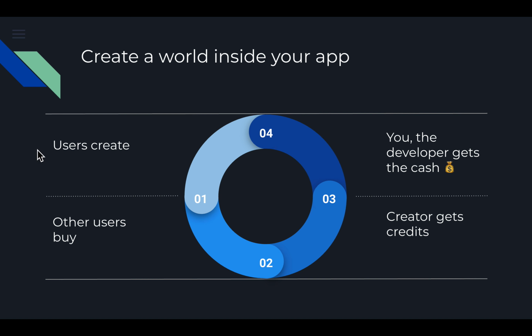And then the actual creator eventually gets credits in the app to buy from other users. So all the money coming into the app is going into your bank account, while the users in the app are dealing with credits and actual cash coming in.